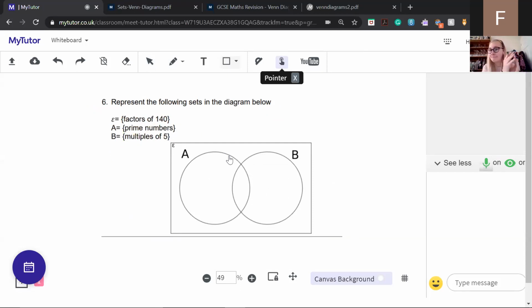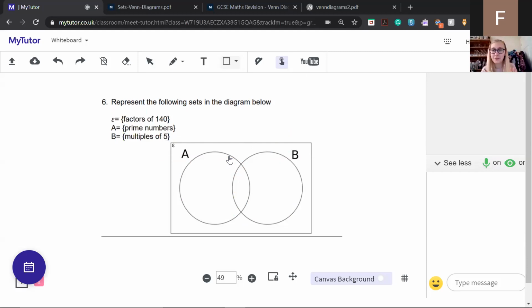Prime numbers is an infinite set, and so on. So what this means is that everything that's going to go within this box somewhere, whether it's in the circles or not, is a factor of 140. And then in here, we have some prime numbers. And in here, we have multiples of 5. And in the middle, we'll have prime numbers that are multiples of 5 and factors of 140.